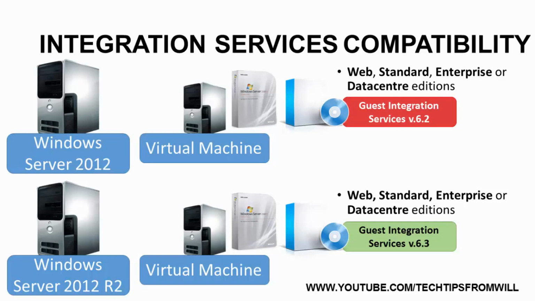If your host system is Windows Server 2012, you can upgrade the integration services straight away to version 6.2. However, hosts running Windows Server 2012 R2 will require Service Pack 1 to be installed on the virtual machine as a prerequisite to upgrading to version 6.3.